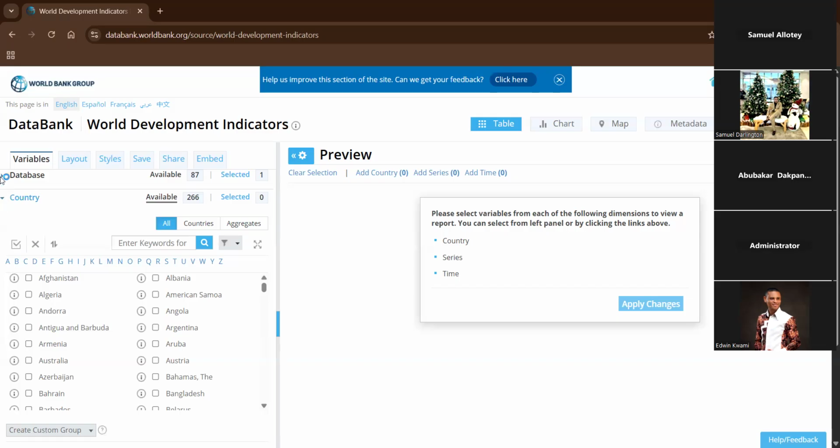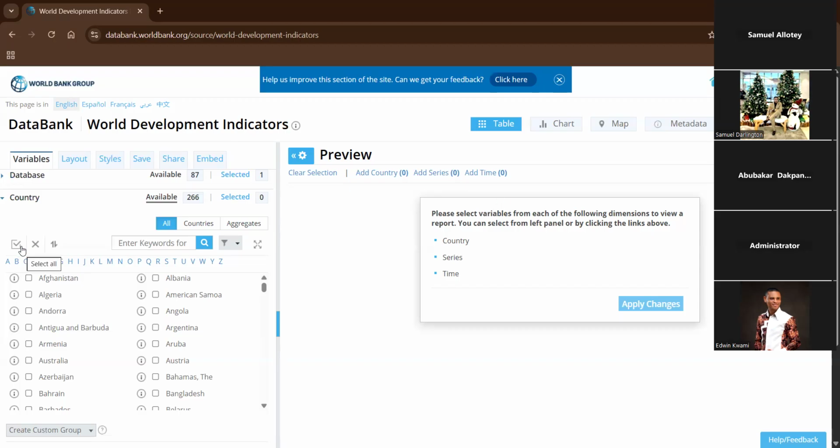So you can access the database, download data that you think you need to write your study, then sit down and develop a research topic from the data. So this is the World Bank Group WDI, the World Development Indicators database.